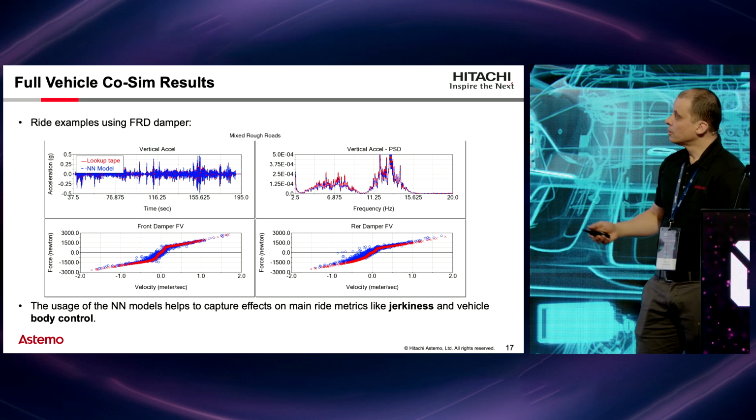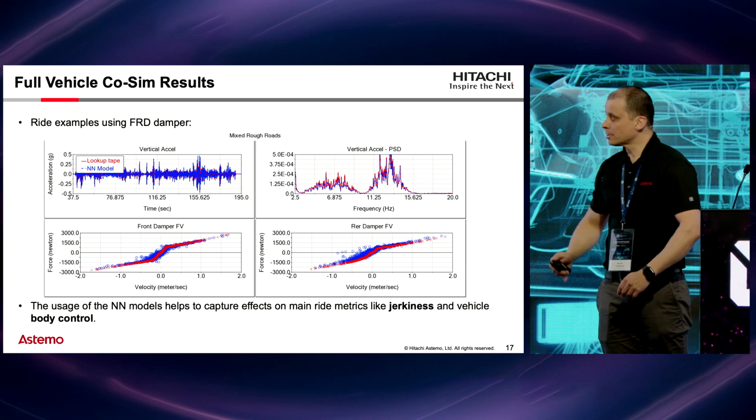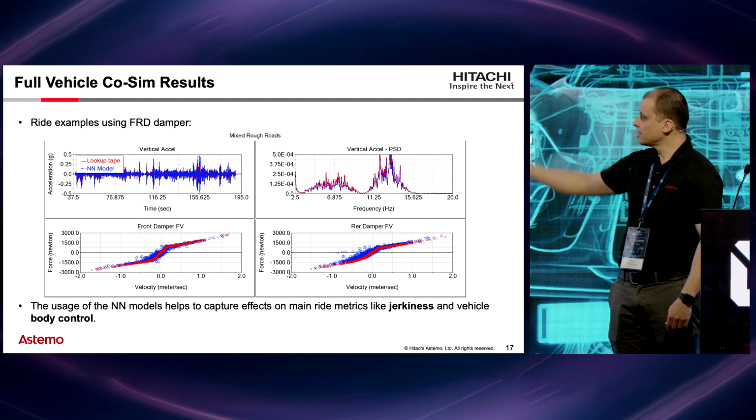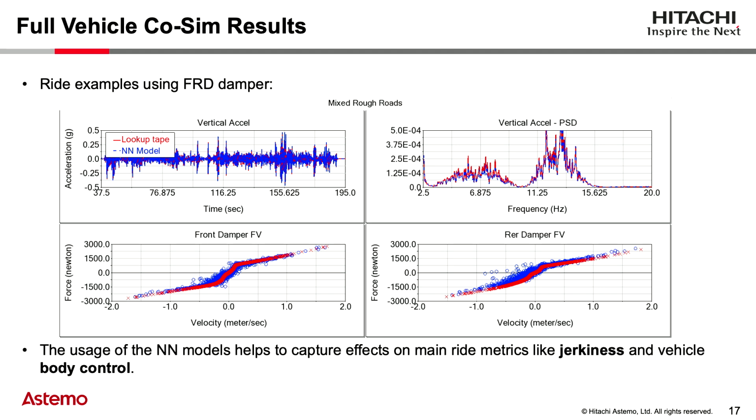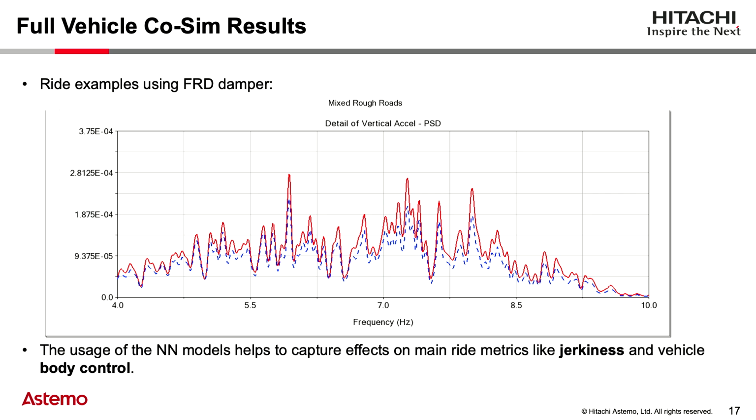Here is another example where we can see some response on vertical acceleration, and how the hysteresis is being captured for both front and rear dampers. And on the PSD, we can take a look at how we use these FRDs, the frequency reactive dampers, to try to lower the abruptness and the jerkiness of the car overall. In this case, using these kinds of models, we can capture this difference.